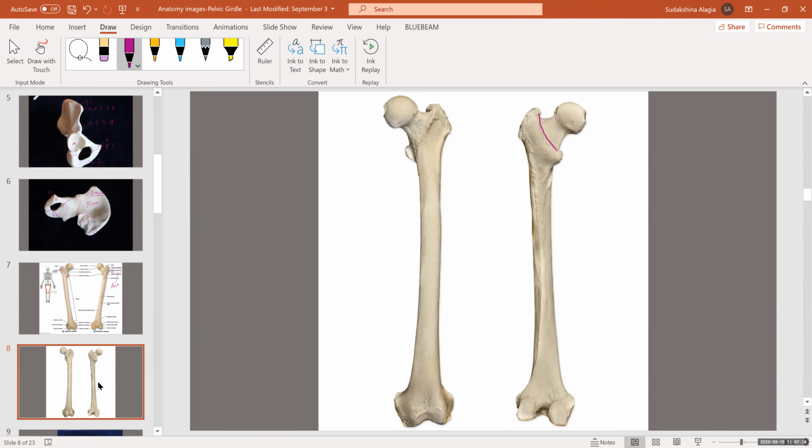So the head of the femur, the neck of the femur, the greater and lesser trochanter, this is what you should identify first. Head of the femur, or femoral head. Neck of the femur, of course, the constricted area is the neck. We learned that for the humerus. Femoral neck or neck of the femur.